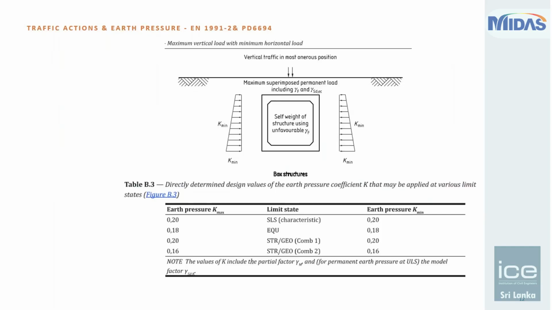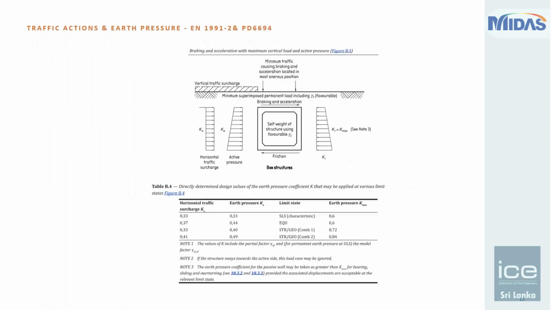Heavy overburden but relatively lower lateral pressure, important because the vertical and horizontal actions need not reach their maximum simultaneously. Here, the braking and acceleration load plus maximum vertical load plus active pressure. So far, we have not considered any braking or acceleration load, which will give rise to horizontal loads along the direction of the track, right? So a vehicle is braking or accelerating above the buried structure, producing a longitudinal action.